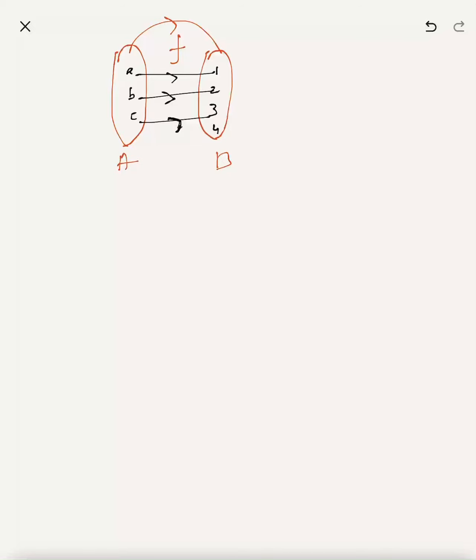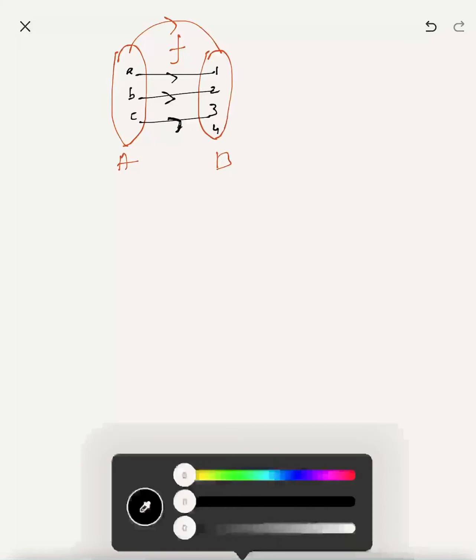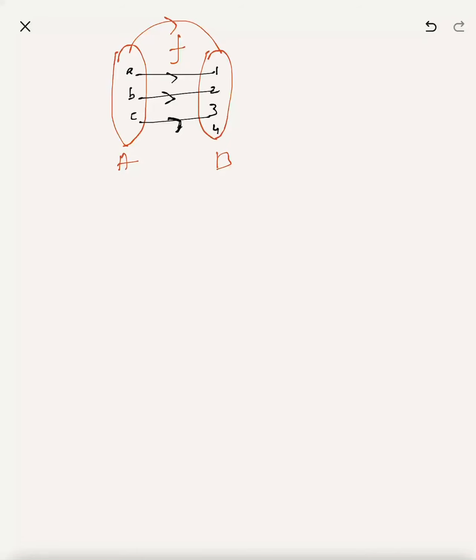So is this a one-one function? Yes, because different elements in set A have different f images, right? So this is also a one-one function.